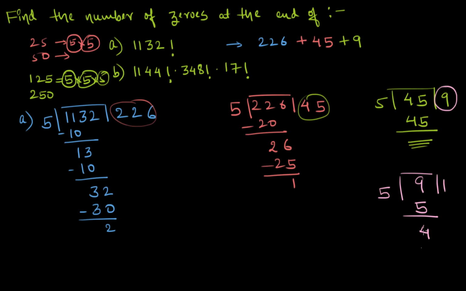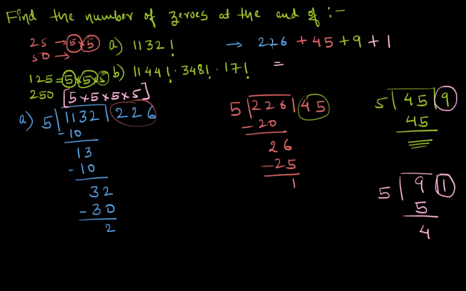So I'll end my process here after adding a 1, because this 1 represents an extra 5 which I will get as the next power, 5 times 5 times 5 times 5, that is 625. Since 1132 is greater than 625, obviously I can have numbers which contain 4 fives as well, which are multiples of 625. So this one represents such numbers. So I'll add 1, and now I'll add all of them.